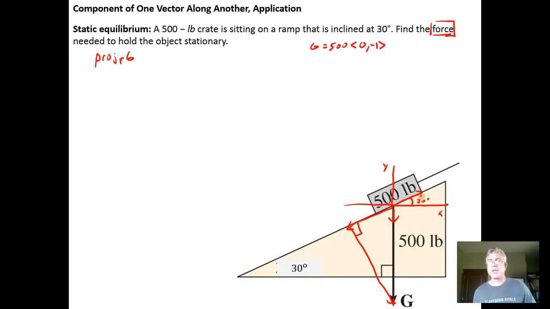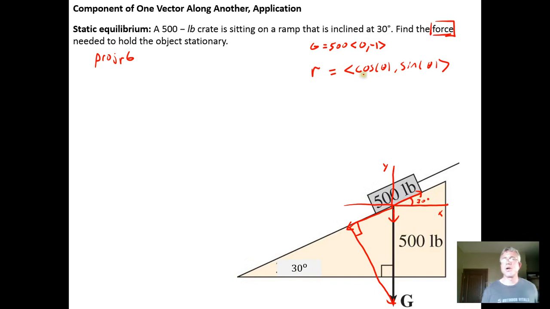From trigonometry, we can easily make a unit vector parallel to the ramp. Remember, if we know an angle, then we can make a unit vector based on the unit circle, given by the cosine of the angle and the sine of the angle.